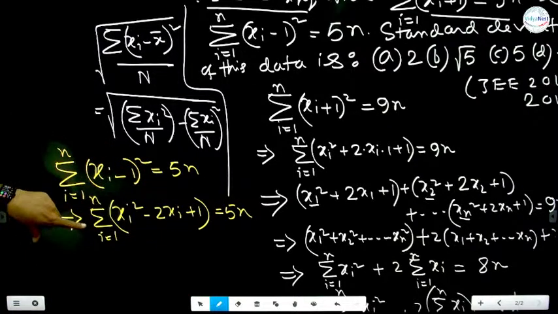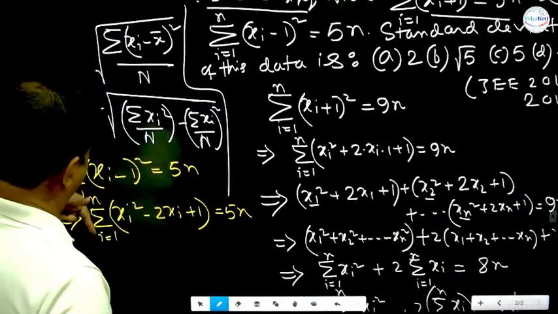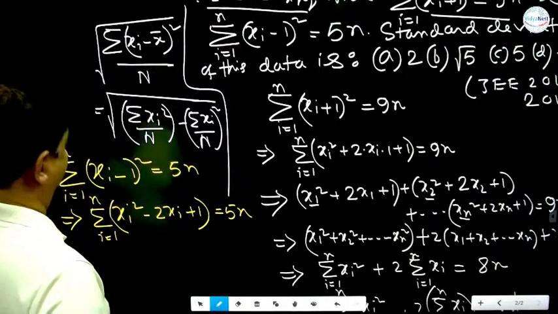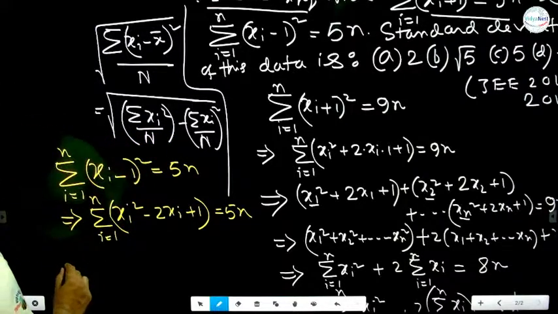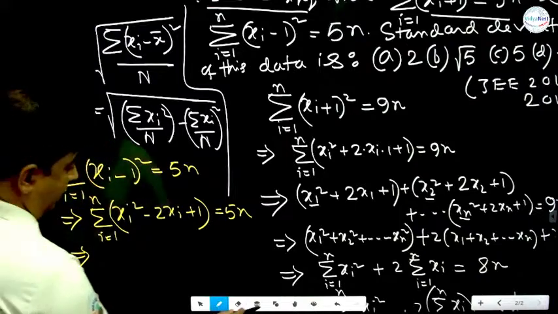Now you remove this sigma sign by putting i from 1 to n.